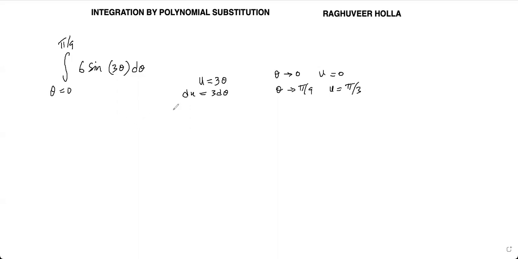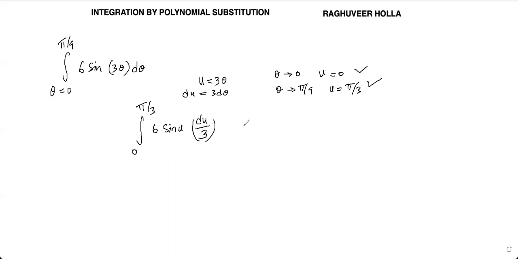Now even the limits have changed. Now this will be, in terms of u, 0 to pi by 3, and this is 6 sine u, and this will be du by 3.